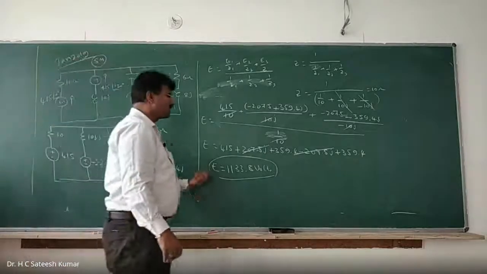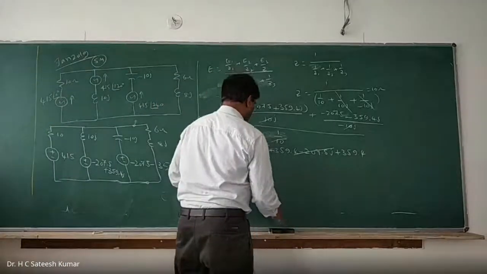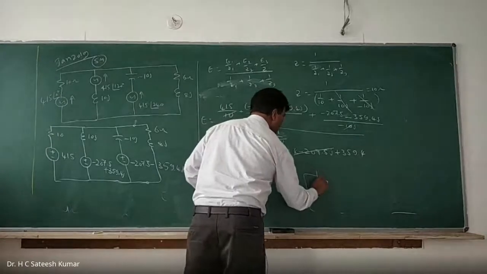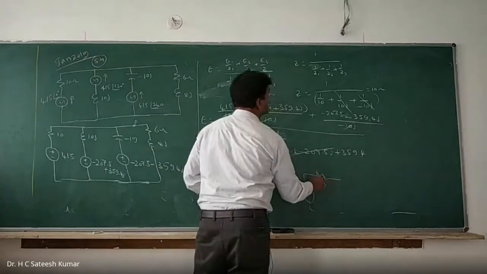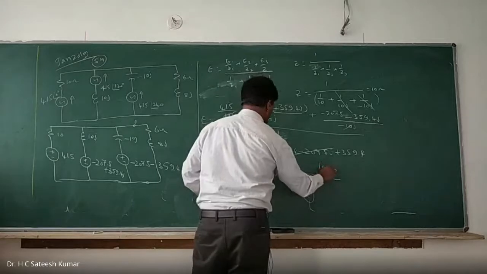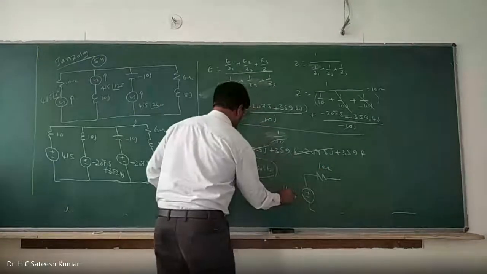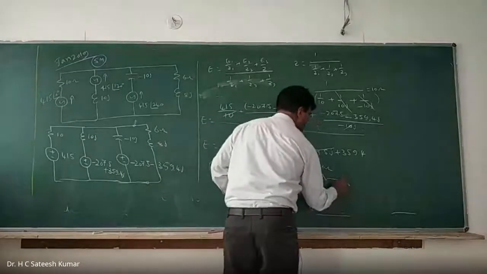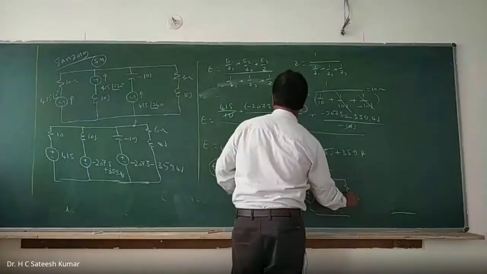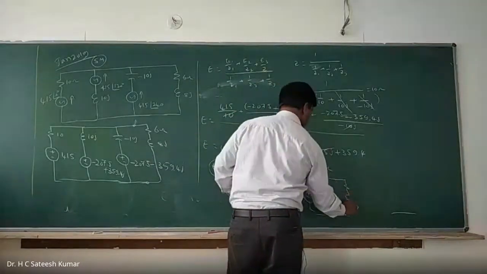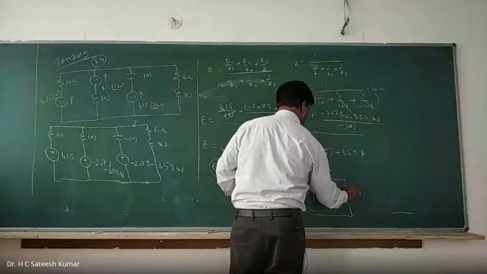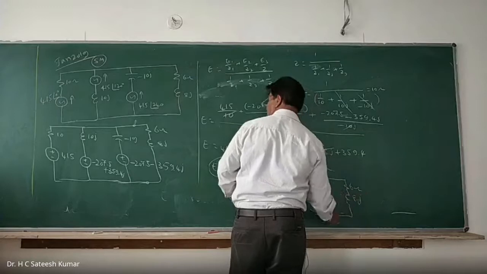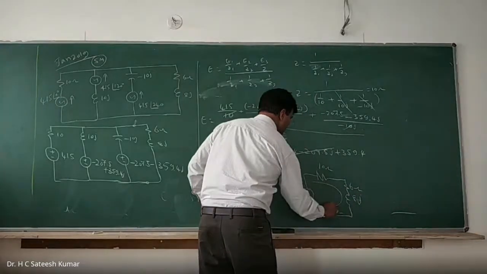So once we got E, you can go for the equivalent circuit: voltage source in series with an impedance. Of course, impedance is 10 ohms only, and this is 1133.8. And the load is inductive, 6 ohms plus 8J, and this is your IL.